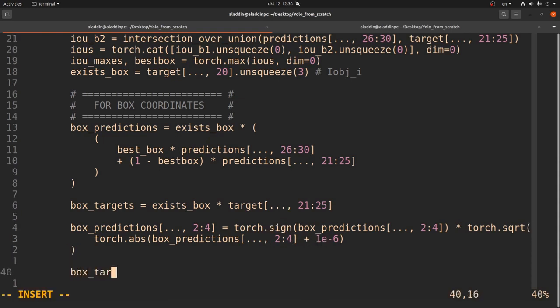And then for the box targets, we're going to take 2 to 4. These aren't going to be negative, because these are just the labels, so we can just do torch.sqrt of the box targets of 2 to 4.